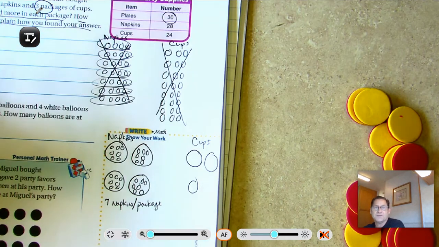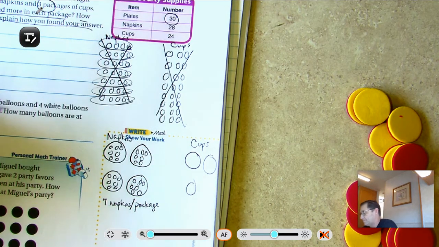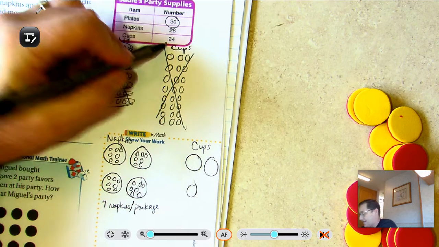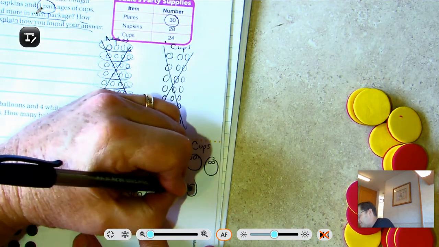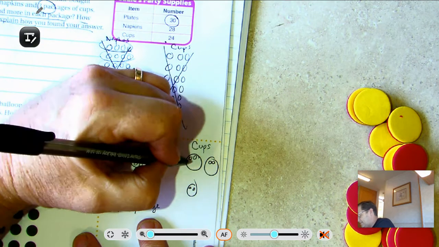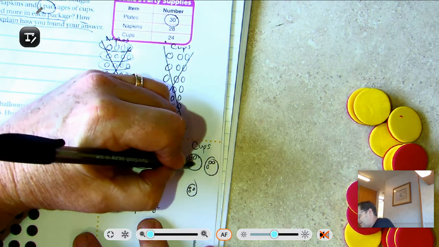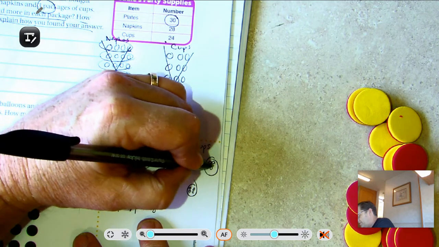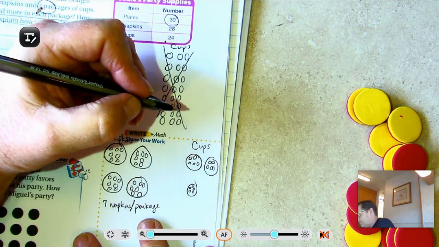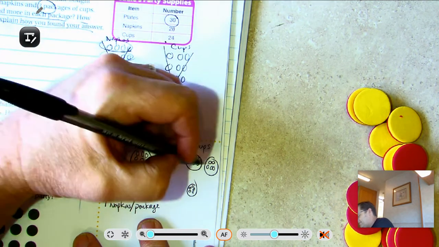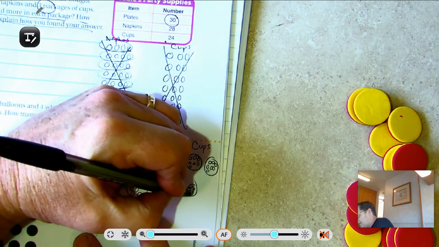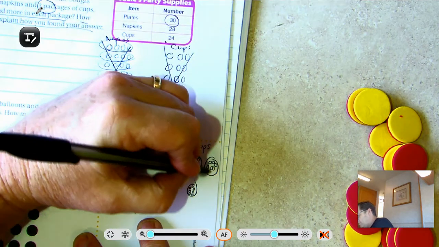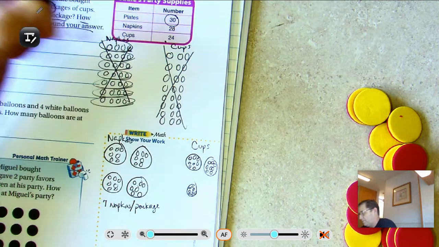Okay, so the cups, there's 24 cups. So share them until you run out of cups. So that's 6, 7, 8, 9, 10, 11, 12, 13, 14, 15, 16, 17, 18, 19, 20, 21, 22, 23, 24.